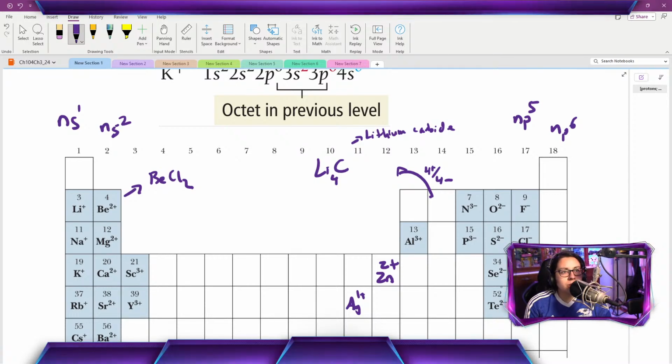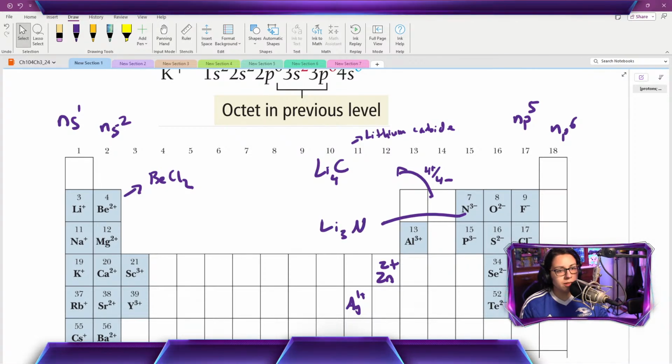And then let's look at group 5 here. So this is nitride. So we can make lithium nitride. This is a cool compound, actually. I mentioned that inorganic chemists sometimes use glove boxes to keep things safe from reacting with air and oxygen.